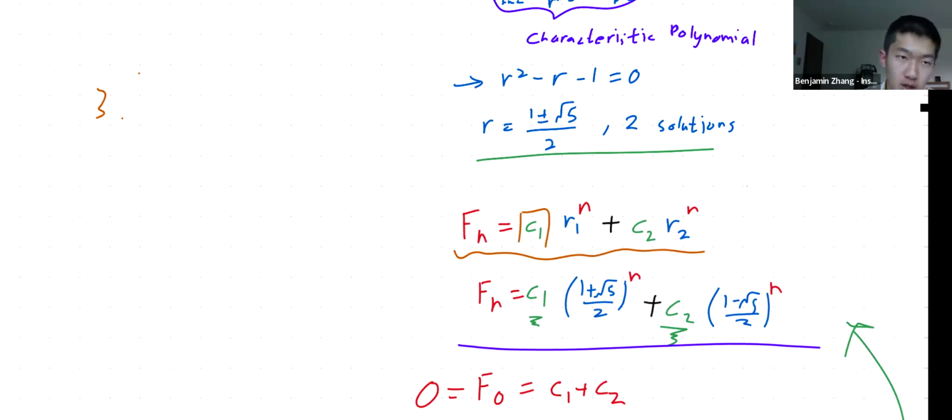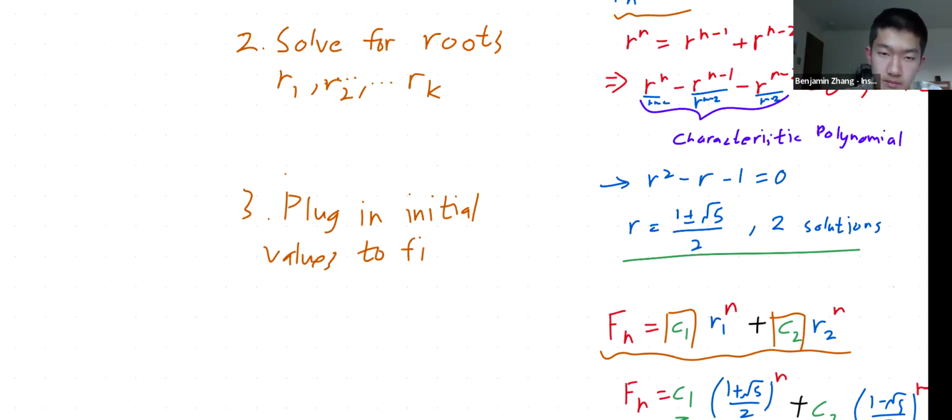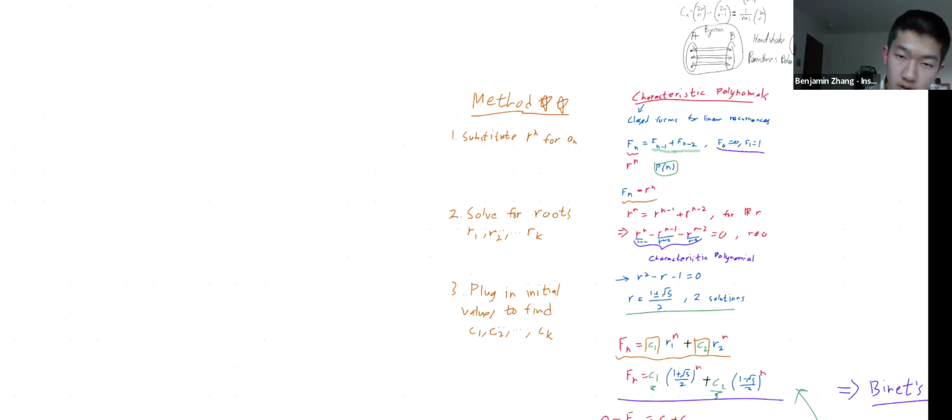So that was our last step, which was to plug in initial values to find the constants c1 all the way to ck. So this is the general methodology to solving systems of linear recurrences using characteristic polynomials.